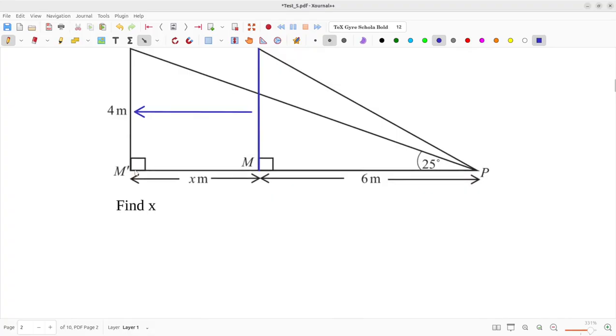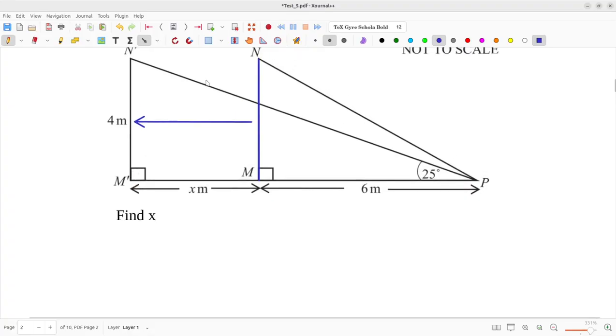So for finding x, we need to consider now this triangle here, the newly formed triangle, which is this one I'm highlighting in red. What type of triangle is that one?